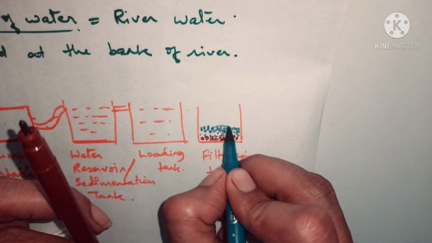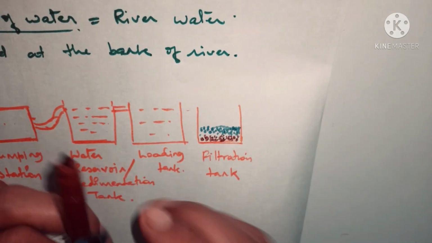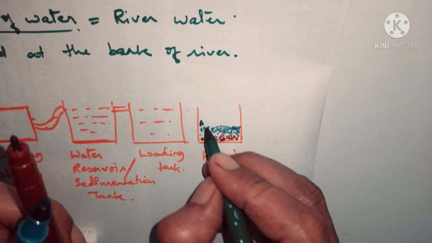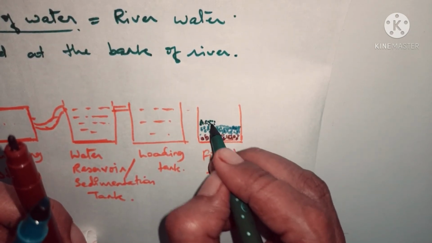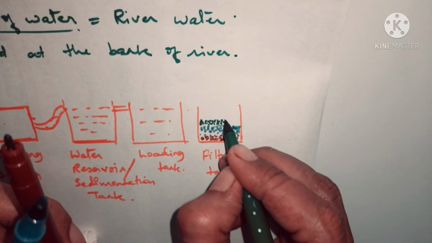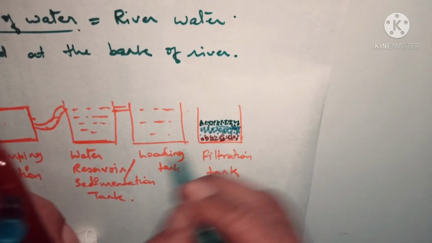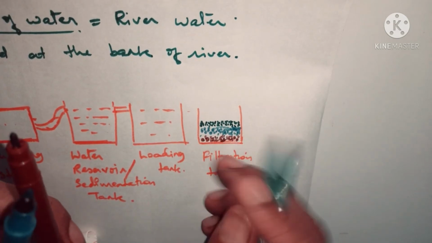The beds of coarse sand particles are kept in the middle, and the very fine sand particles are made to be on the very top. So we have 3 layers here, right?